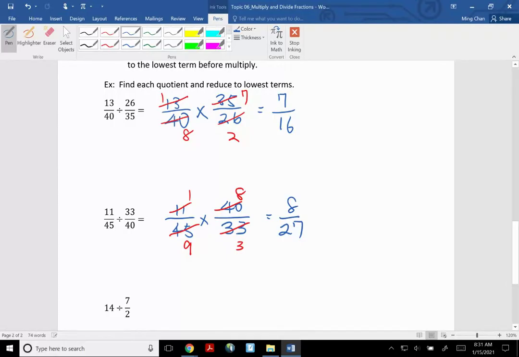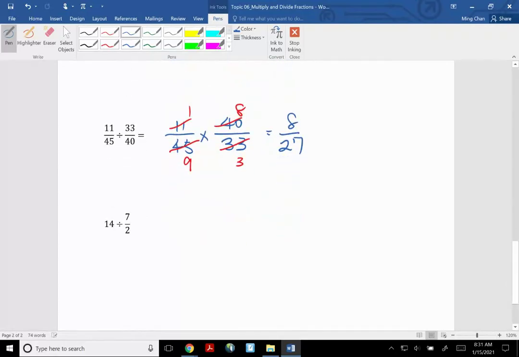3 times 9 is 27. All right, 14 means 14 over 1. So this problem becomes 14 over 1 divided by 7 over 2, which means times the reciprocal, 2 over 7. Got to flip them. So I see that 14 on top and 7 in the bottom can be reduced by 7, 1 and 2.